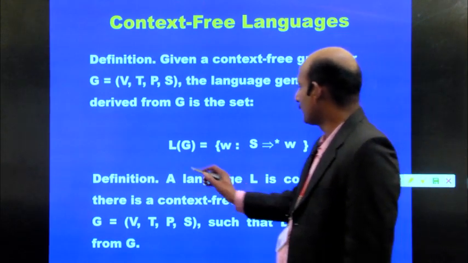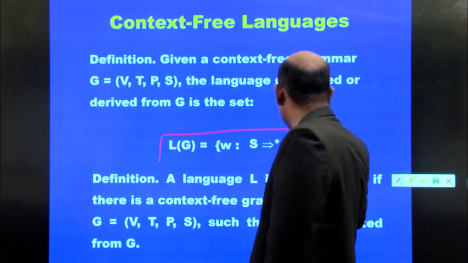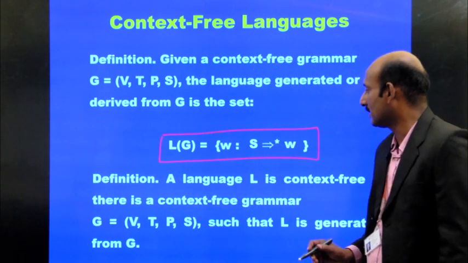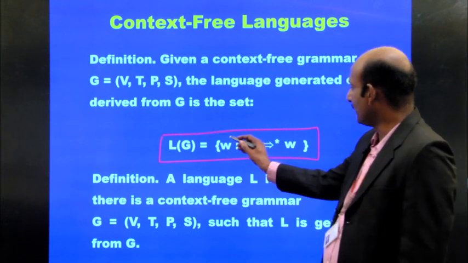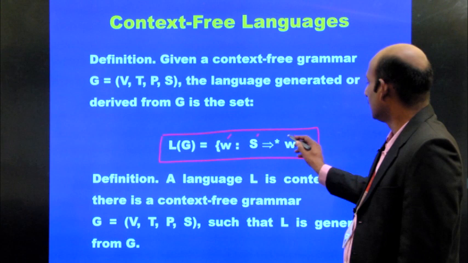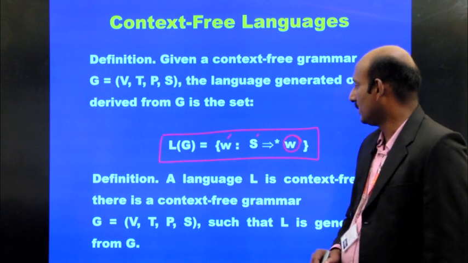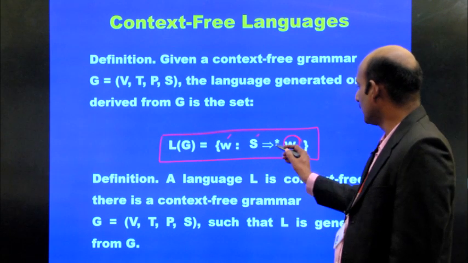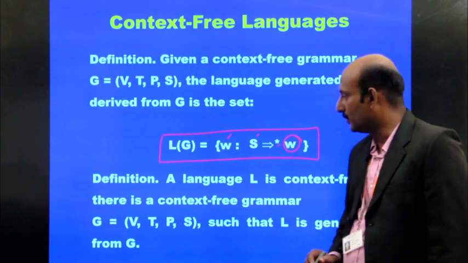So the language of a context-free grammar, how can we write it? L of G equals the set of W, where W is nothing but strings, and the strings may be derived by replacing with the terminal symbols. So that is what they mention as a star, that is 0 or more occurrences.